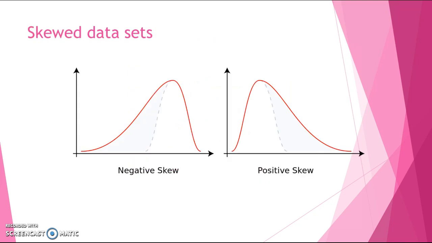A skew refers to a sudden change of direction or position. In this scenario, the skew relates to more of the numerical data being on one side of the mean in comparison to the other. A positively skewed graph has a tail that points towards the higher end of the scale, whereas a negatively skewed graph has a tail that points to the left.